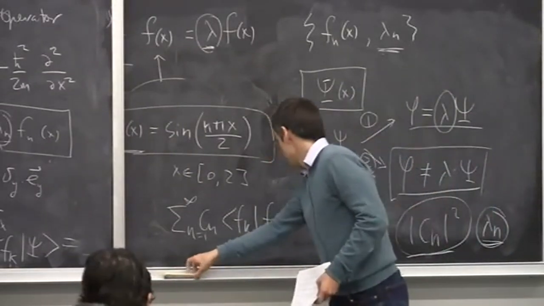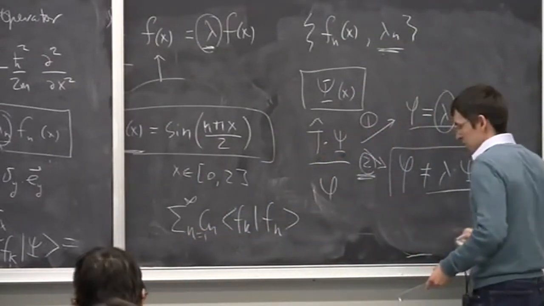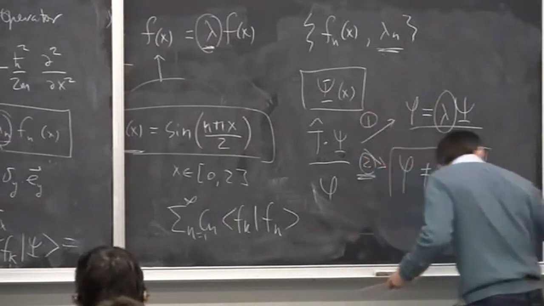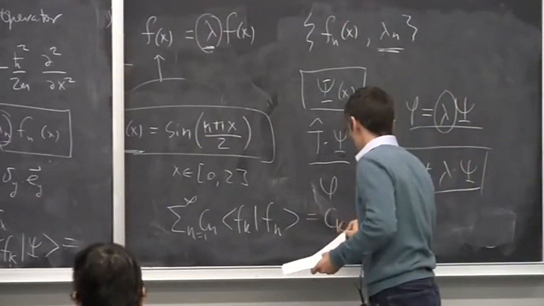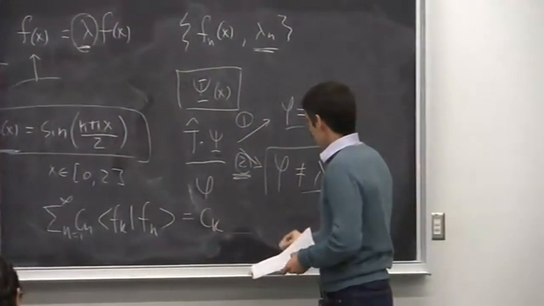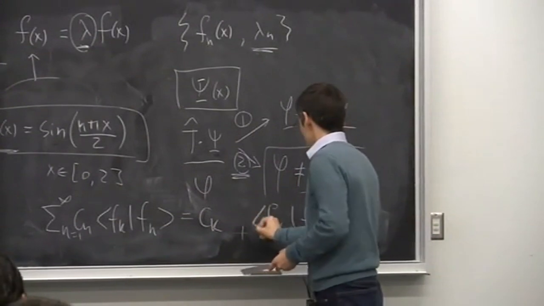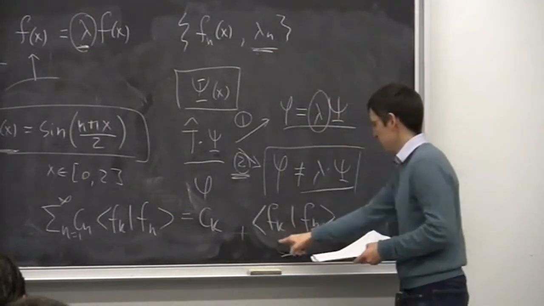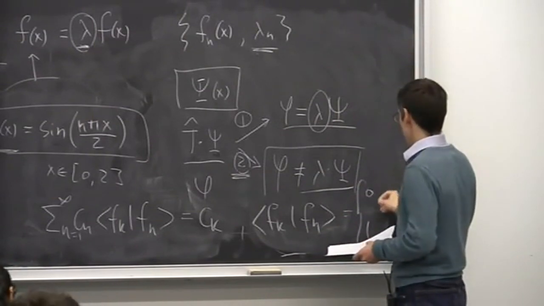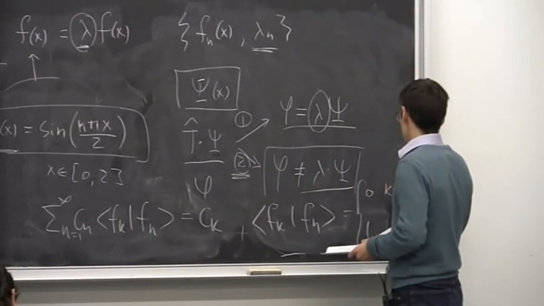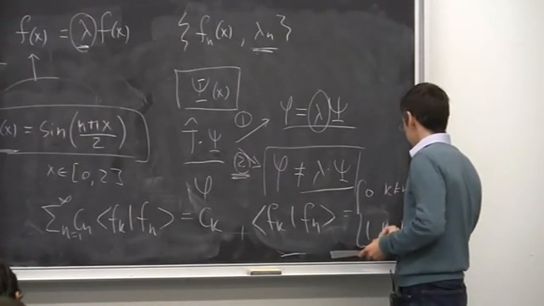And the way we can get coefficient c_k out of this is when these projections of functions are either 0 or 1, 0 when k is not equal to n, and 1 when k is equal to n.